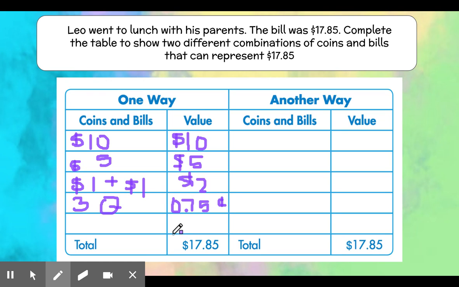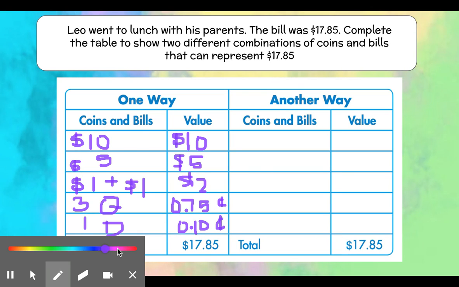And that's about as high as I can go. And 75 to 85, I need 10 more cents, and a coin that is worth 10 cents is 1 dime, 0.10. And if I add that up, I get $17.85. So that's one way to show it.